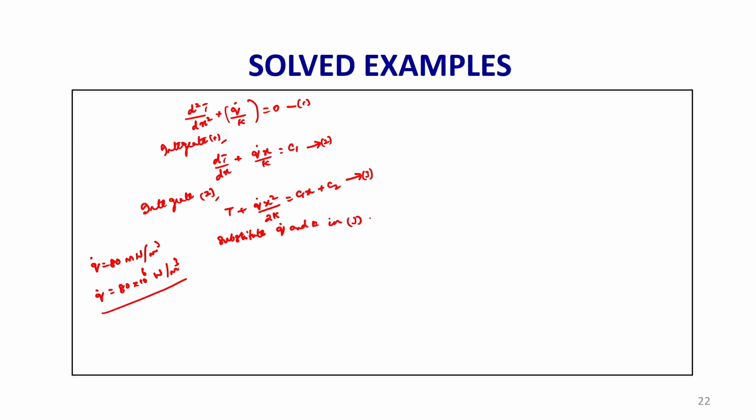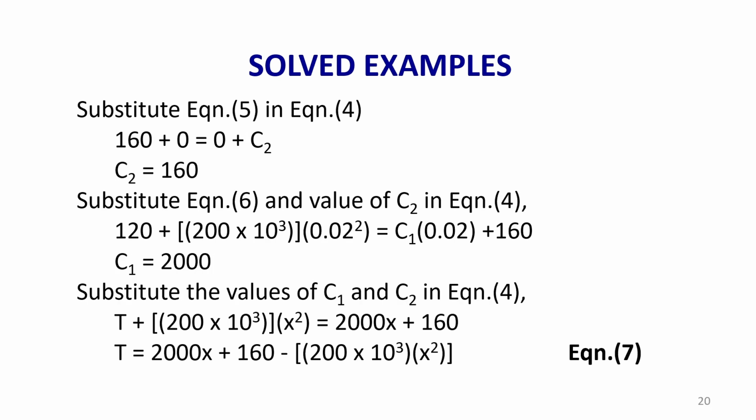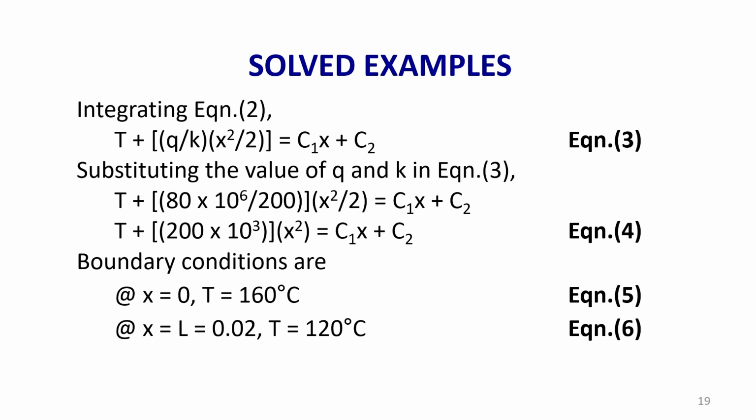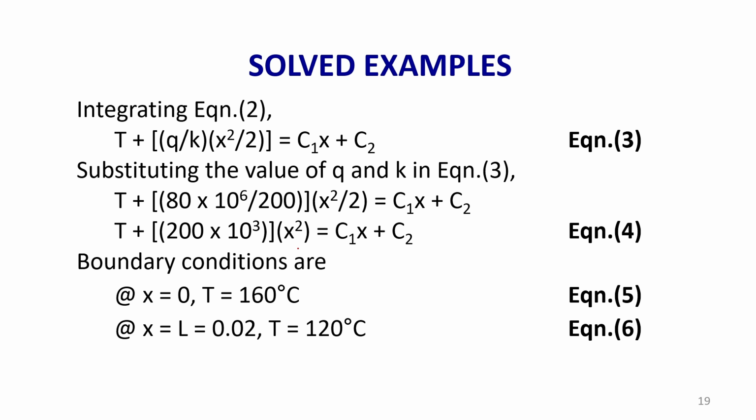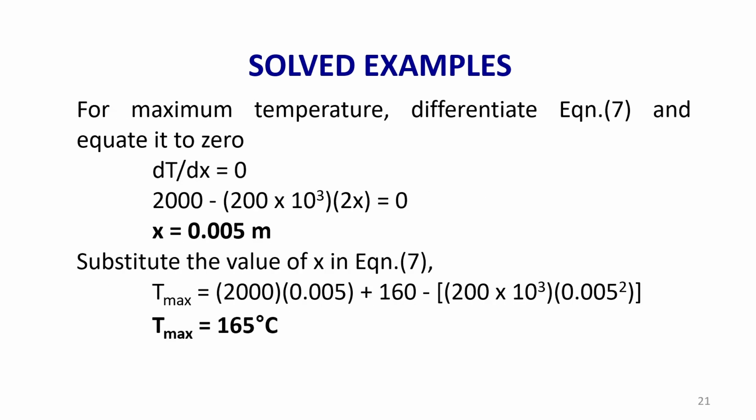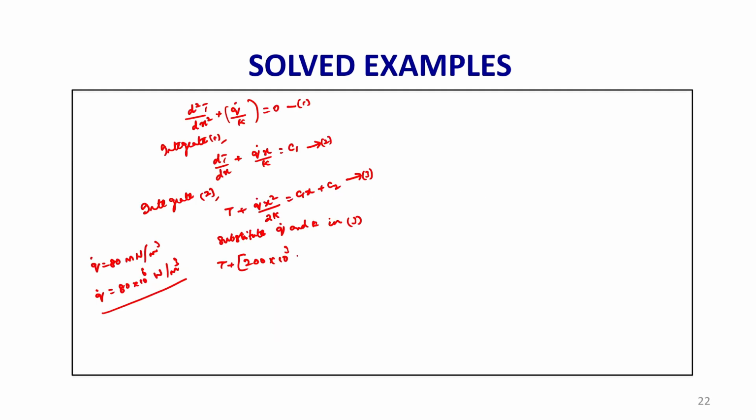Due to time constraints, I am just writing this directly. We get equation number 4: T plus 200 into 10 power 3 into x square equal to C1x plus C2, after simplification.